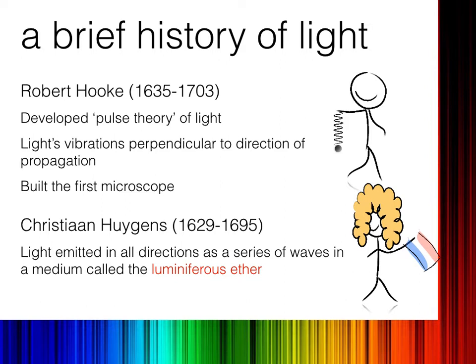The idea was that if waves travel through water, there has to be a medium for light to travel through as well. They hadn't really come up with this idea of air around us in quite such a solid manner. You know, if it wasn't something material, you couldn't hold on to it. And so he basically equated the air as a luminiferous ether, but then the luminiferous ether was not just the air around us, but it was the contents of space, and it was the contents of everything that light could travel through.